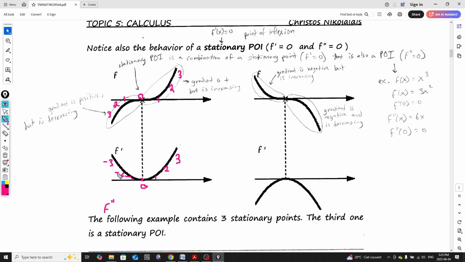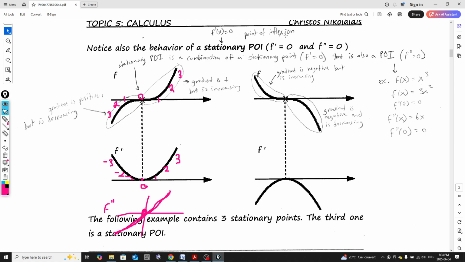So you're going -3, -2, -1, 0, 1, 2, 3. That's going to be that graph that we saw earlier, the graph going up like this. It's also a root on f double prime. All right, so hopefully that little bit here is clear as well.